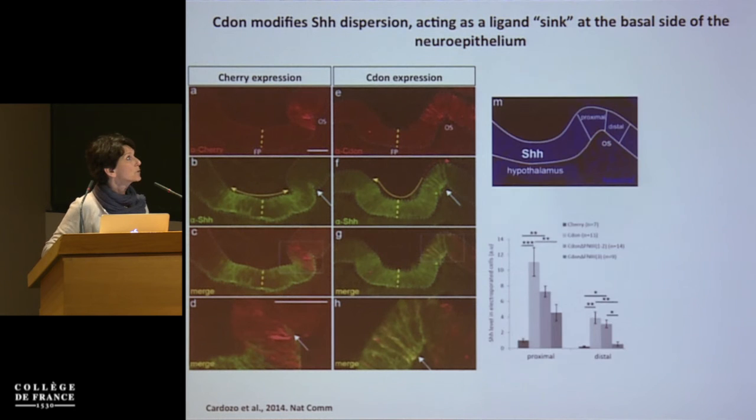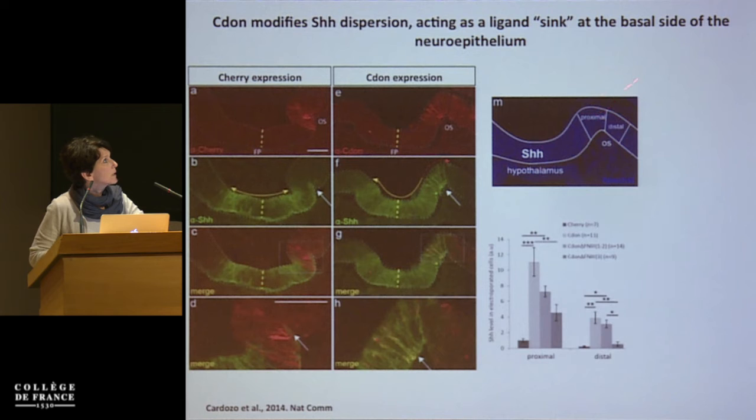Now, if we quantify this distribution in the most proximal or distal region in which Kedon is expressed, you can see that there is a strong accumulation of sonic hedgehog immunoreactivity in the most proximal cells, but this decreases fairly much in cells that are more distal.